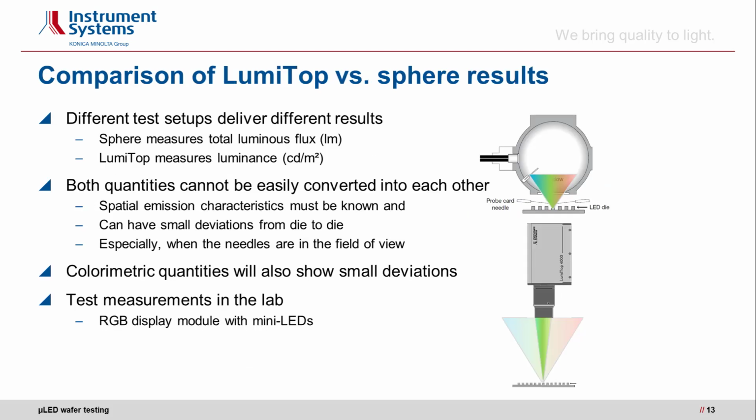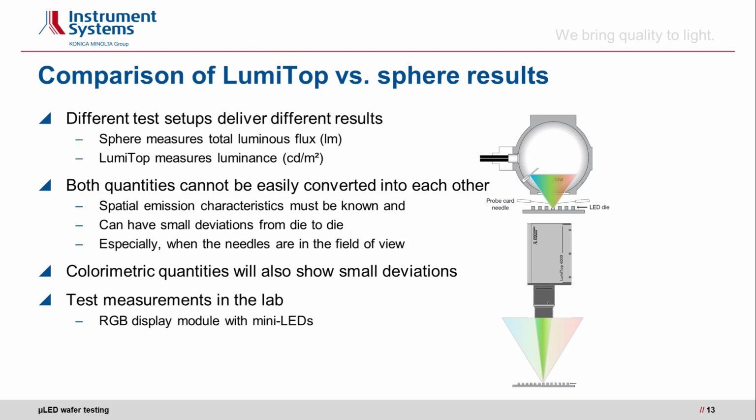Now, how do these measurements compare to each other? Basically, we have the same DUT to measure, but we have different measurement setups for this test. Therefore, both test setups deliver different results. Simply, the sphere measures total luminous flux in lumens. The Lumitop measures luminance in candela per square meter. And you have to know that both quantities cannot be easily converted into each other.